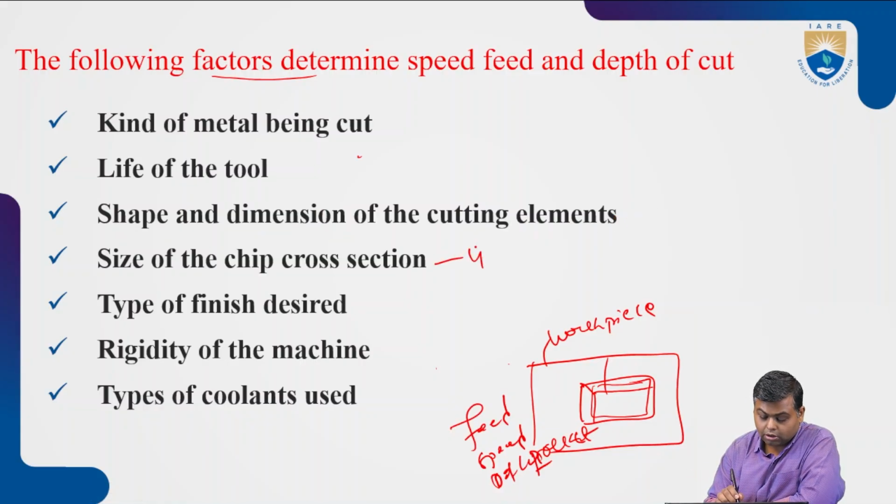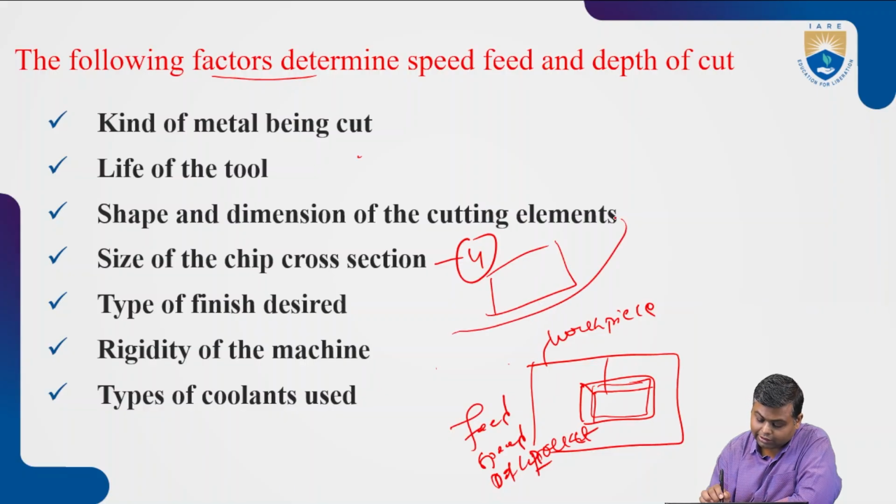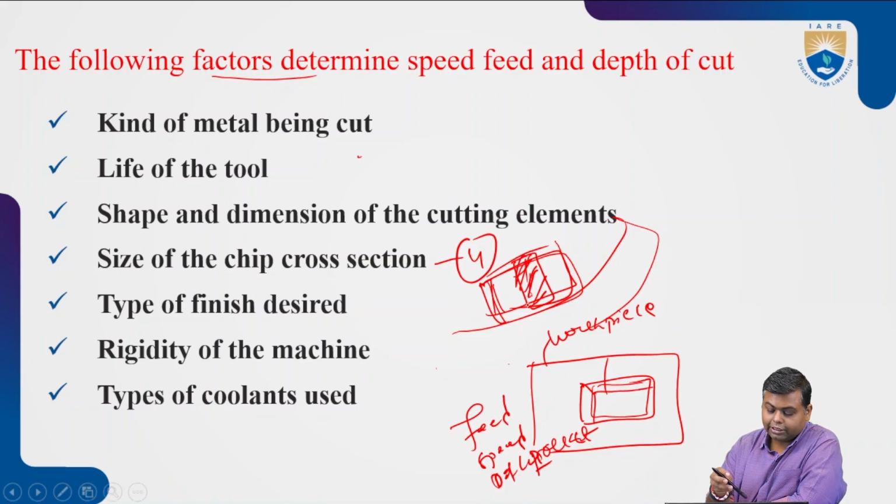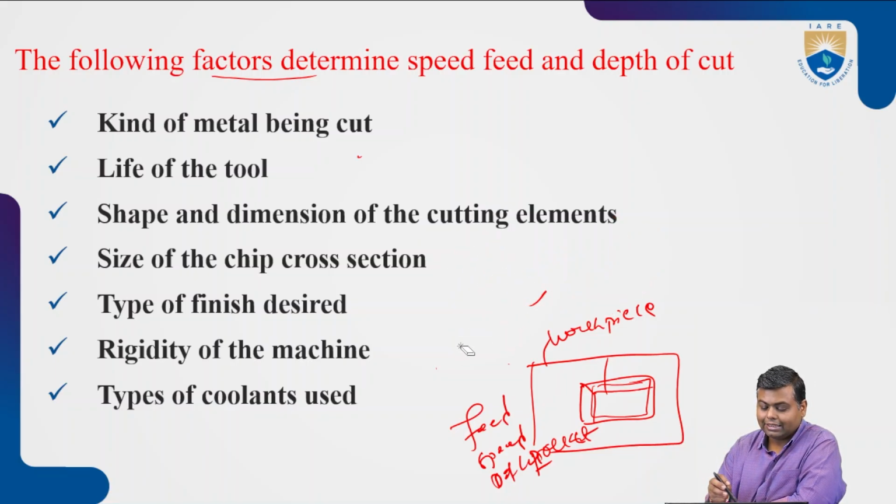The fourth is the size of the chip cross section. We already discussed the chip which flows on the rake face of the tool. Now, the size of the cross section of the chip, if I draw this cross section, depends on the alteration of the speed, feed, and depth of cut.